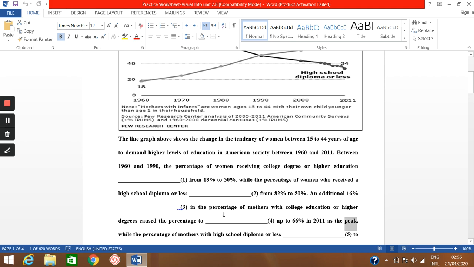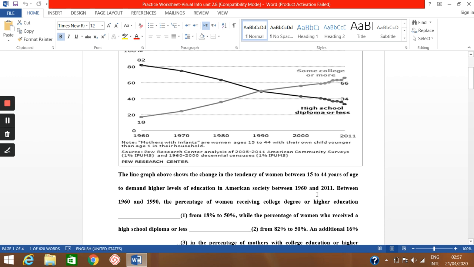Now, you need to concentrate carefully, because when sentences are long, you need to go back and check. So here, you are talking about an additional thing in the percentage of mothers with college education or higher degree. That means you have to concentrate on which line you are describing. So here we talk about mothers with higher degree.